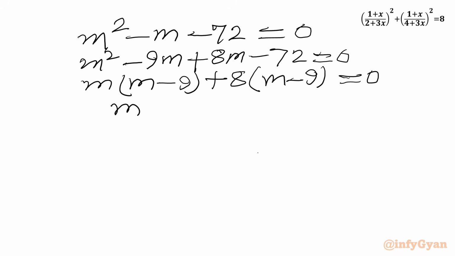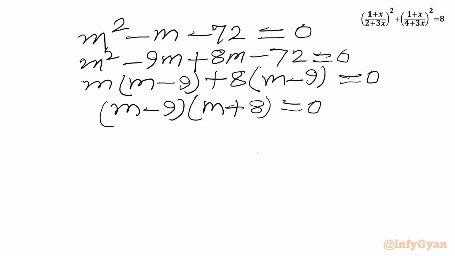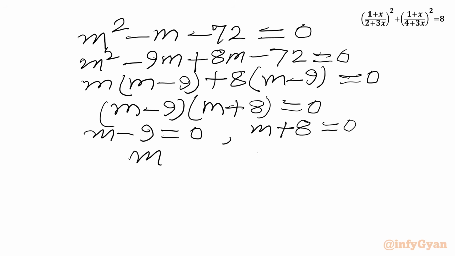So factorization will become (m minus 9) times (m plus 8) equal to 0. Using product 0 rule, we are going to write either m minus 9 equal to 0 or m plus 8 equal to 0. So we have m equal to 9 and m equal to minus 8.